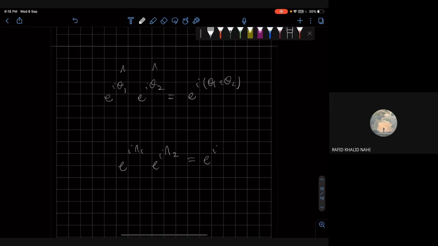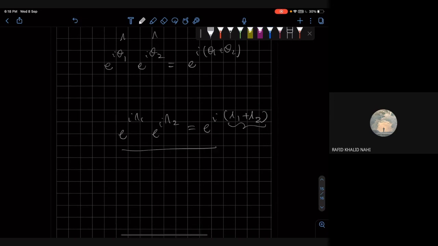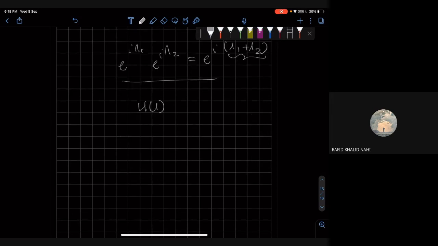In this case, the combined gauge function is given by lambda 1 plus lambda 2. Now, this is the multiplication law for an abelian group called U(1), right? But you can actually generalize this to a matrix equation for, say, SU(2), SU(3), all kinds of non-abelian groups.